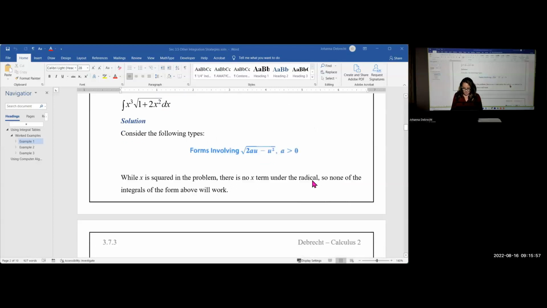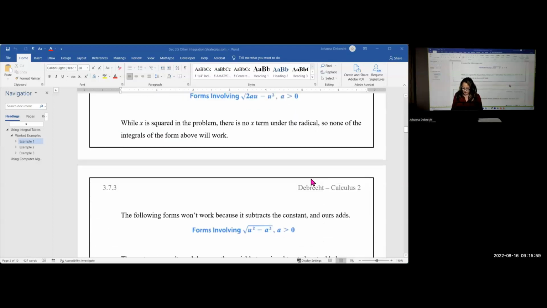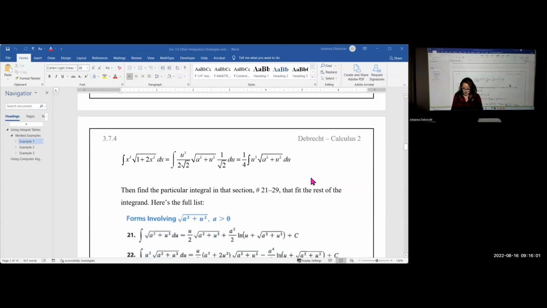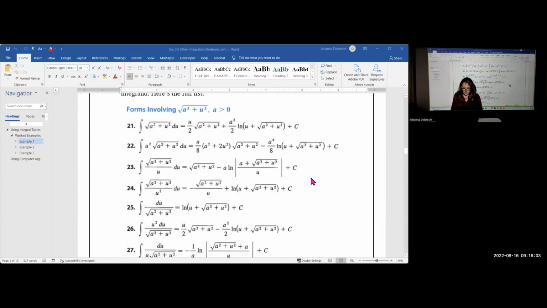So the first thing I want to do is actually show you what it looks like on an integral table. So here is an image of part of an integral table, and you'll see up here in blue that it says forms involving the radical of a squared plus u squared, where a is strictly positive.